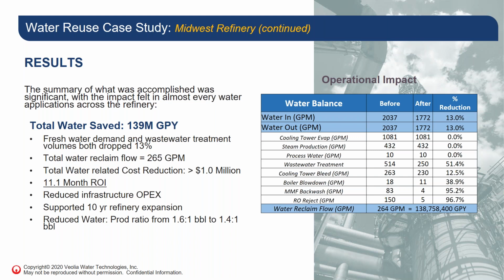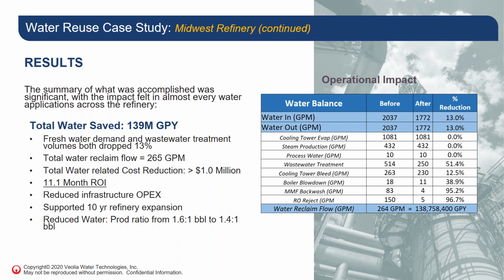Total investment by the refinery was about $1 million. But look at the ROI, it was only less than a year, 11.1 months. And I would be confident in saying that most of your management teams would love to have an 11-month ROI on CapEx projects that they undertake. Maintenance was also reduced. When this was all said and done, the plan that was put in place supported the 10-year refinery expansion.